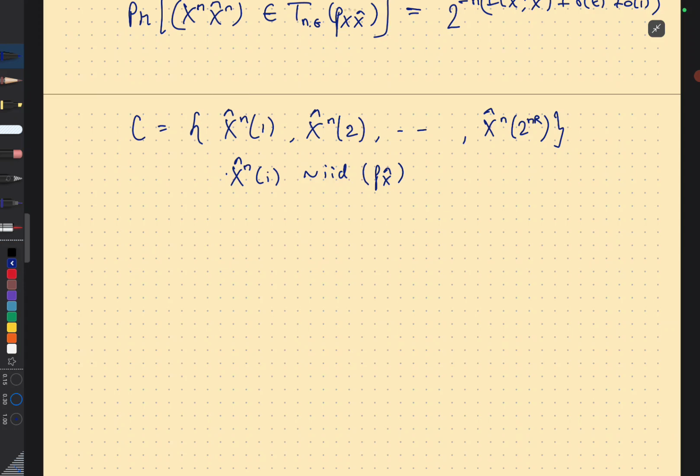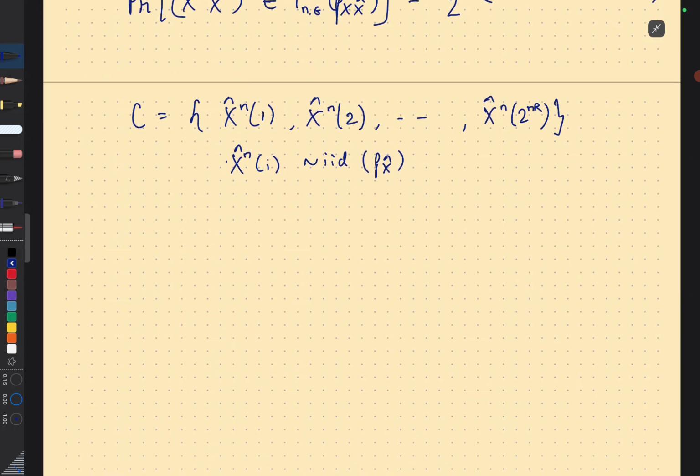Even before that we've chosen... remember that x hat is coming artificially. The source is described by px.